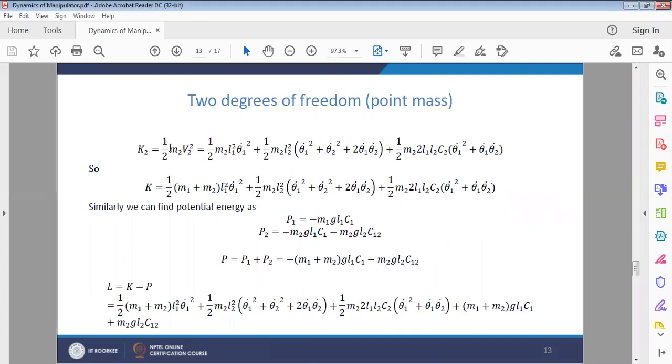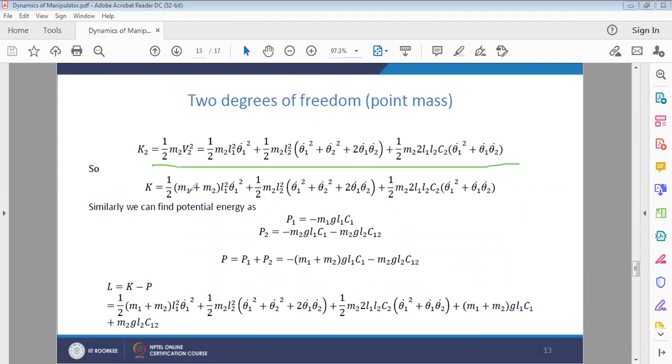So K2 is equal to half M2 V2 squared, that is half M2 L1 squared theta 1 dot squared plus so on. This much of equation gives the kinetic energy of mass m2.